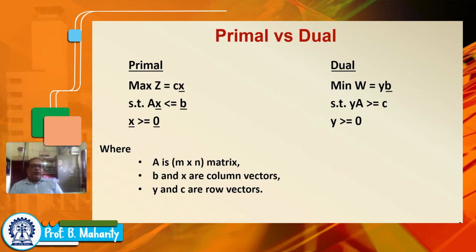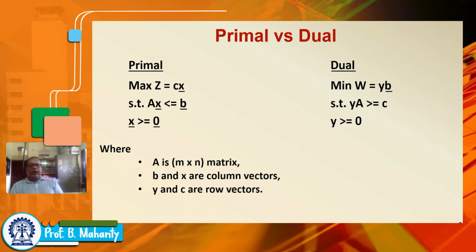Now, since all the variables of the primal are greater than or equal to 0, all the dual constraints will be of greater than or equal to type because it is a minimization problem. And since the primal problem is in standard form for maximization, with all constraints less than or equal to, the dual variables y should all be greater than or equal to 0.